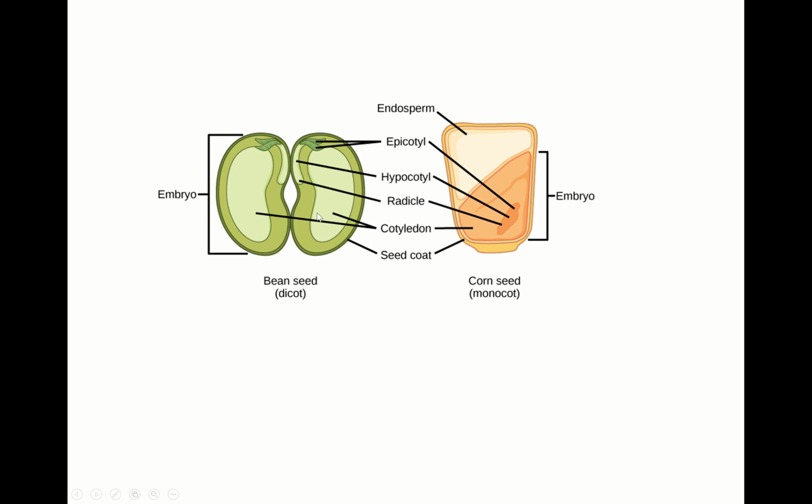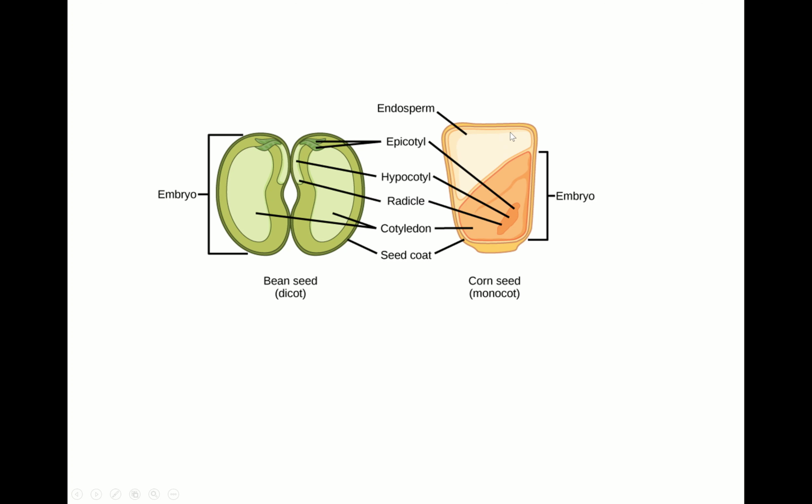Okay, endosperm is also present inside this cotyledon only, so it helps in the storage of the food. The covering is called the seed coat, and this is a monocot seed. I have taken the example of corn.